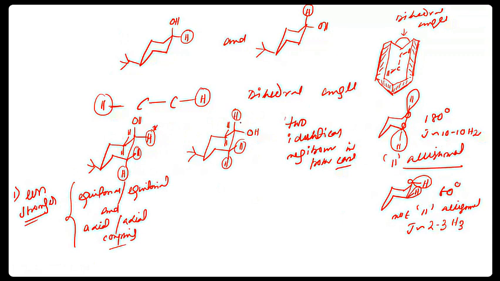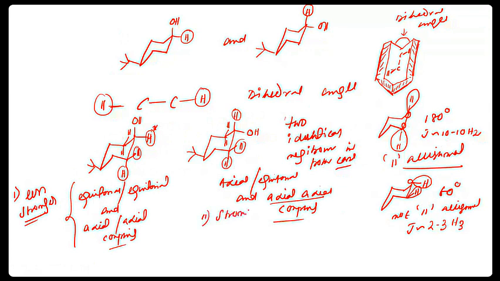But here we have axial, equatorial, for these protons, means axial, equatorial, and axial coupling. And from the dihedral values, we know that this kind of axial coupling is stronger. So comparatively stronger coupling that we find.